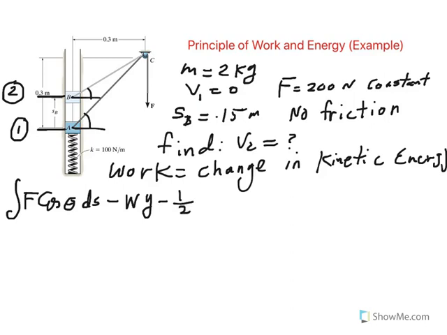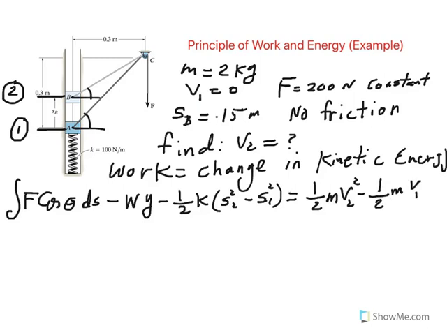The work of the force of a spring is simply determined by minus 1/2 K (S2 squared minus S1 squared), the deformation of the spring squared at position 2 minus at position 1. And that's it in terms of forces, equal to change in kinetic energy, so 1/2 mv2 squared minus 1/2 mv1 squared.